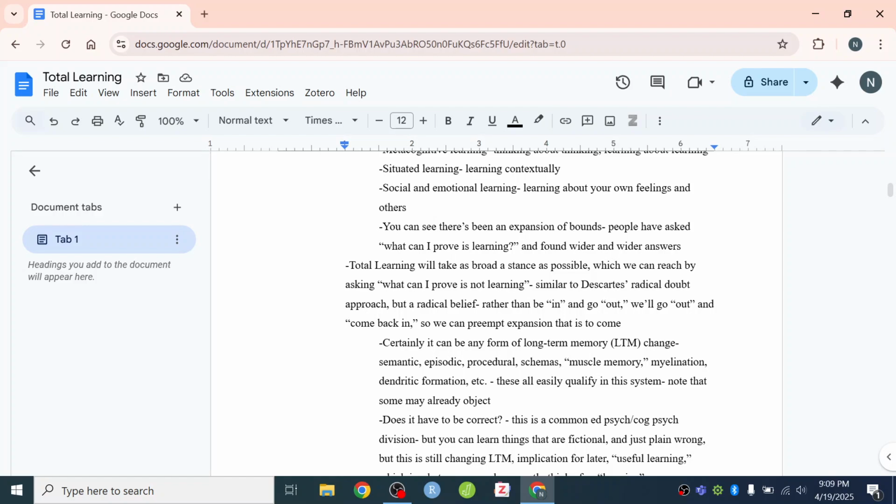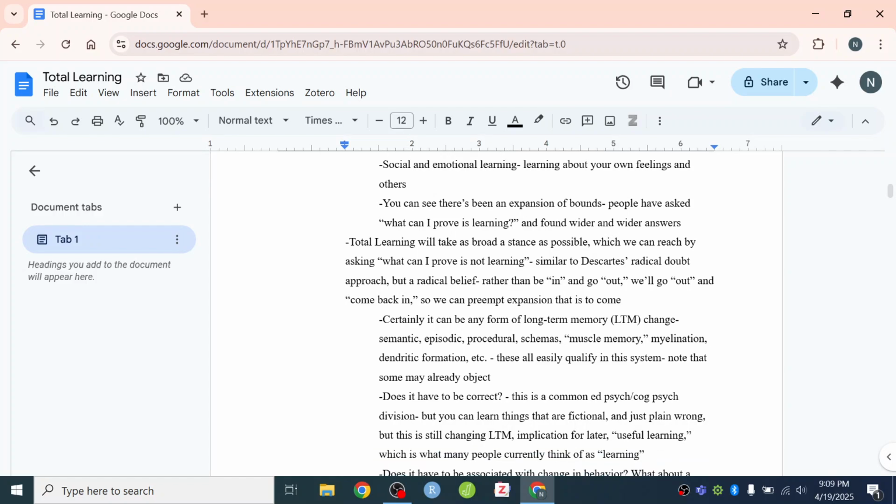This comes up when we get to the implication sections. I mentioned this briefly, this idea of useful learning, an implication for later. When we talk about, you got 70% of the questions right and 30% of the questions wrong, we're starting to get towards, and that's what we consider to be learning.